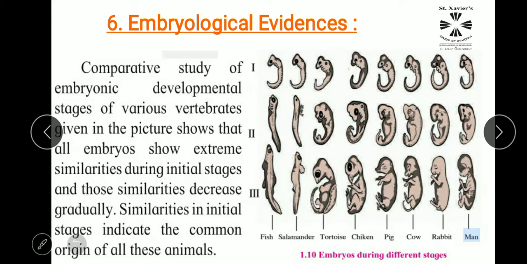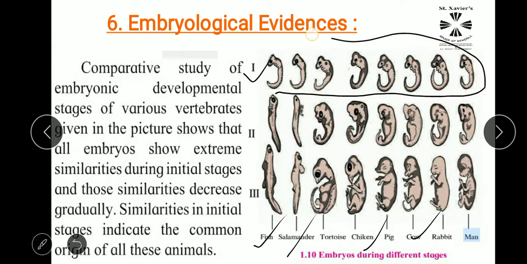When you see the development stages of the embryos of different species, here a few species like fish, chicken, cow, rabbit, tortoise and salamander are given as examples. In the first stage, you will find that almost all the living organisms have the same type of embryo.